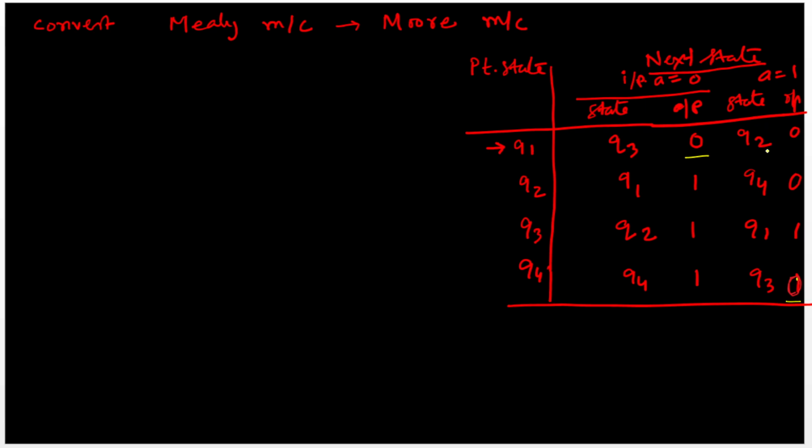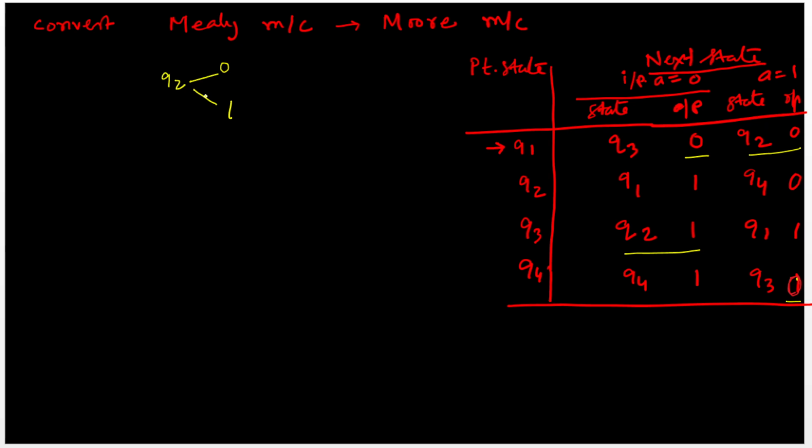But for Q2, in this line the output associated is 0, but here the output associated is 0, and here the output is associated with 1. So one output is 0, another output is 1. So we have seen that Q2 is associated with more than one output.